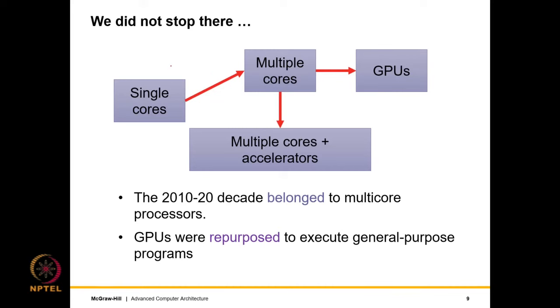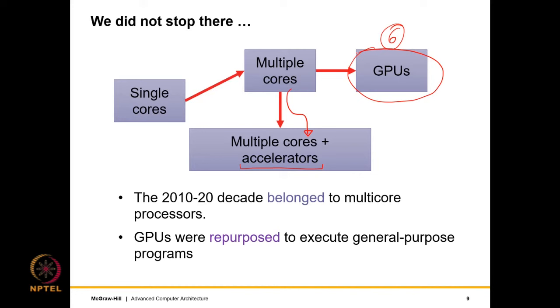Instead of a single processor on a chip, you have multiple small processors on a chip, where each one of them can execute a program. Recently, from multi-core processors, we have gone to multi-core plus accelerators, where an accelerator is a specialized processor that can do something specialized. For example, it can execute neural networks, do speech processing, process XML documents, encryption, compression. So accelerators are for specific jobs. Then a very important subclass of multi-core processors emerged, which took off on its own and had a life of its own, which we will discuss in chapter 6.